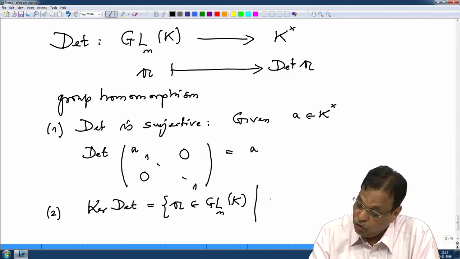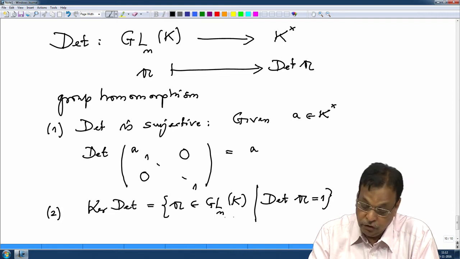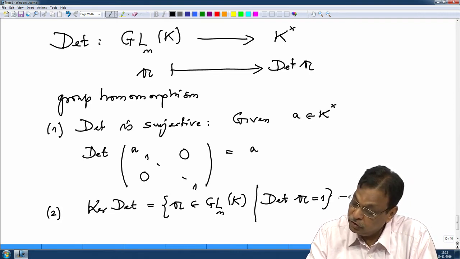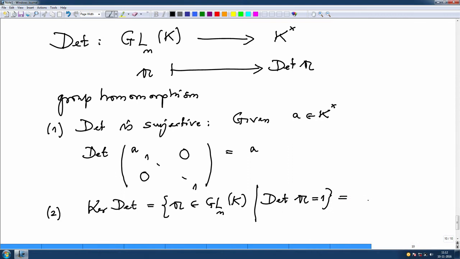So that means all those invertible matrices whose determinant is 1. This is a special group, therefore it has a special notation and special name. It is called the special linear group, SL_n(K). This is the special linear group, always over K.